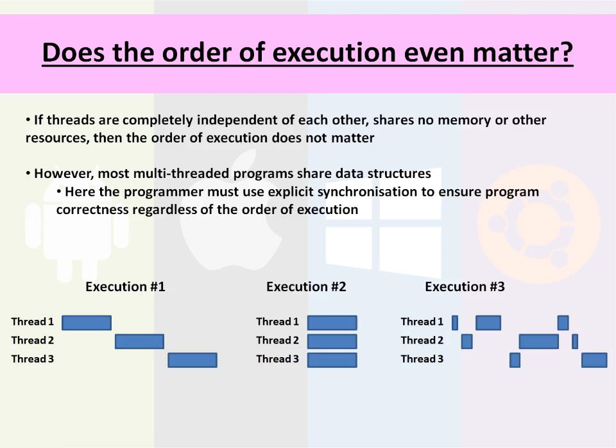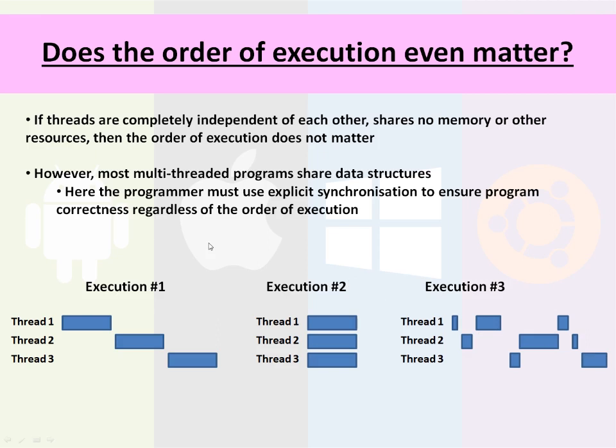Now the question is, well, obviously the orders here are completely random, it seems, to a certain degree. Now, does this order of execution even matter? Do I care that, say, in execution 1, thread 1 finished first, and then thread 2, and then thread 3, whereas in execution 1, okay, they both finish in the same sequence, but you get what I'm trying to say.